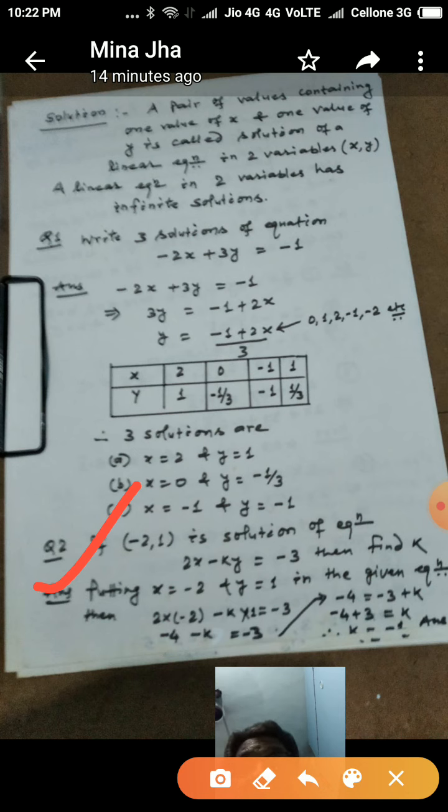It is a small, short question. Since the solution is given, the x value and y value are given. So we will put x equal to minus 2 and y equal to 1 in the given equation, and going through simplification we will get the value of k, which is here minus 1.